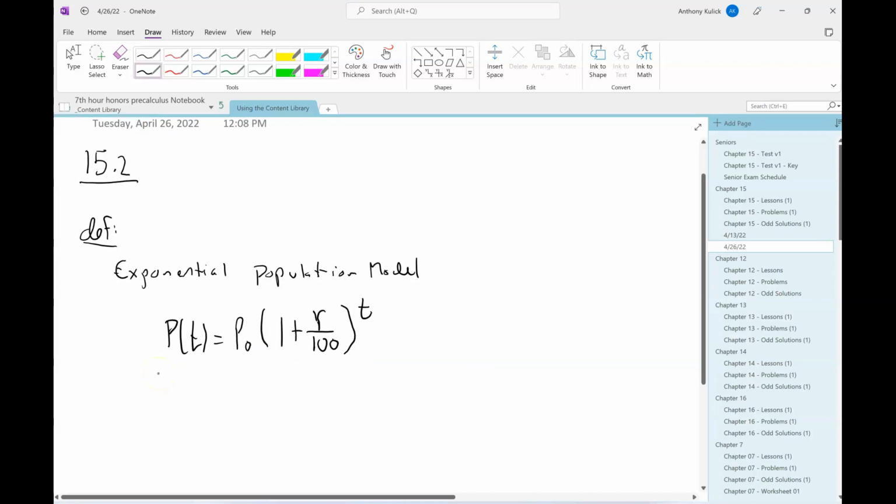So the exponential population model is P of t equals P naught times (1 plus r over 100) to the t. P of t would represent the population at some time t. P naught would be our initial population.